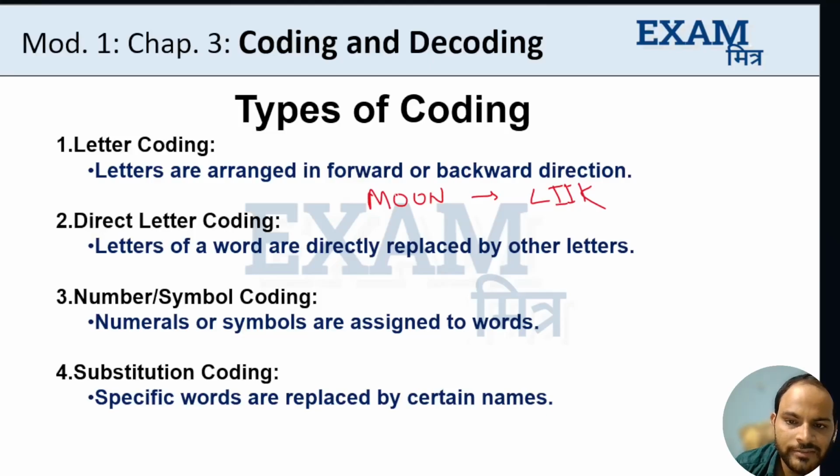So M is L, O is I, and N is K. Just that. Direct letter coding.